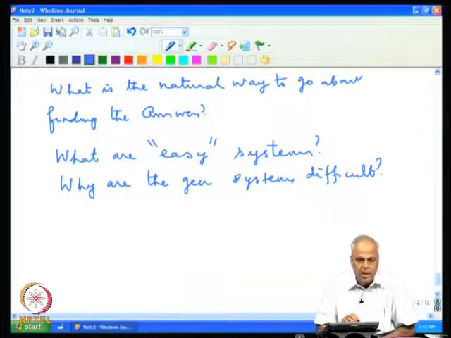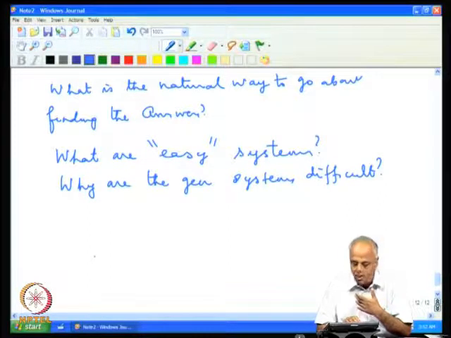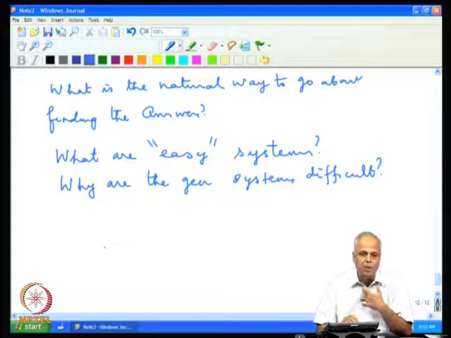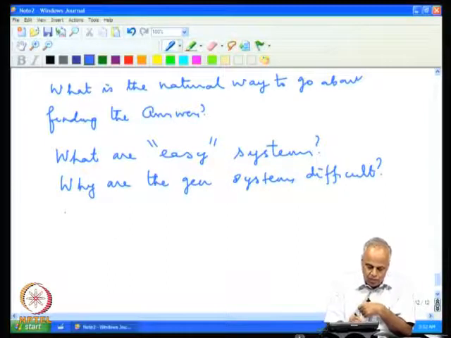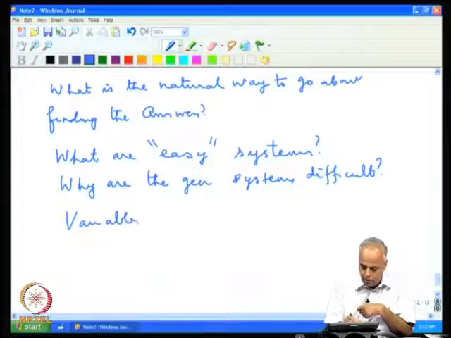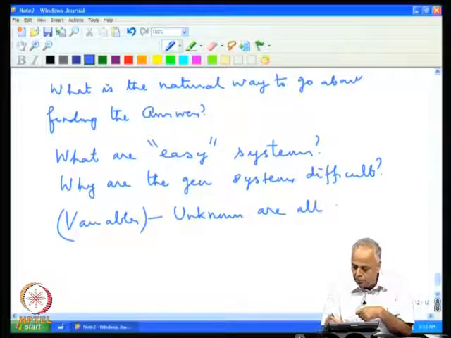The difficulty lies in the fact that each equation involves every one of the variables, or at least several variables, and therefore no equation on its own is able to help you determine one of the unknowns. This is what we call the variables or unknowns being all coupled in a general system.